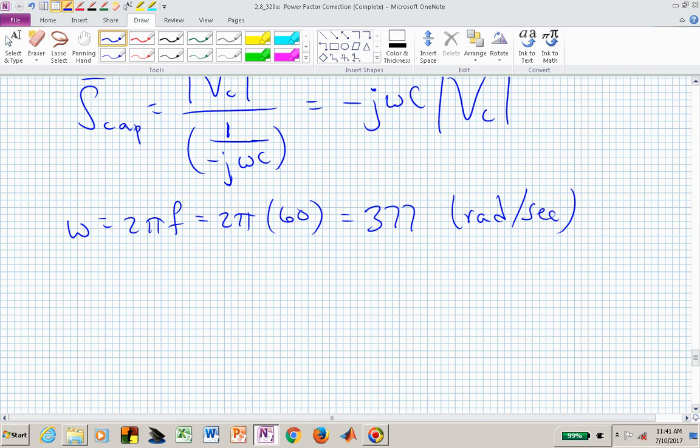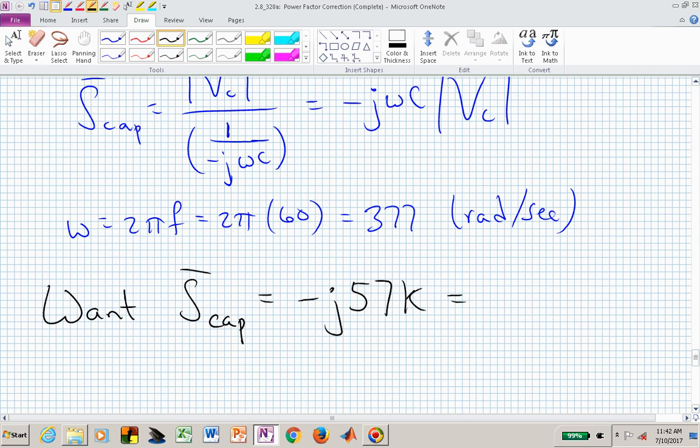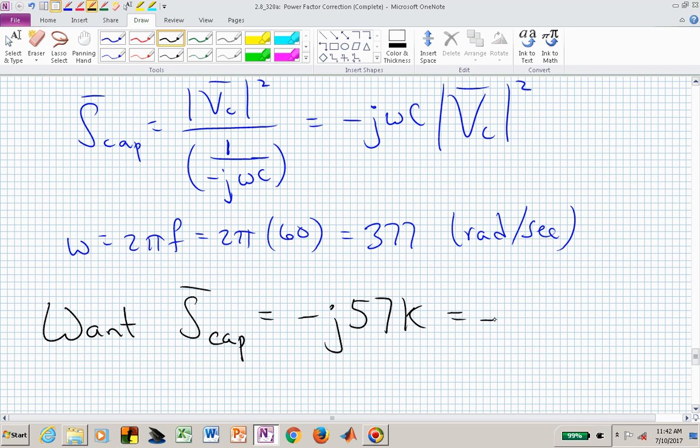So let's do that. Let's just say that we want the complex power of our capacitor to actually be minus j 57,000, so that we exactly cancel the net reactive power from loads 1 and 2. And this we now can set equal to our formula, which was minus j omega c V sub C squared.